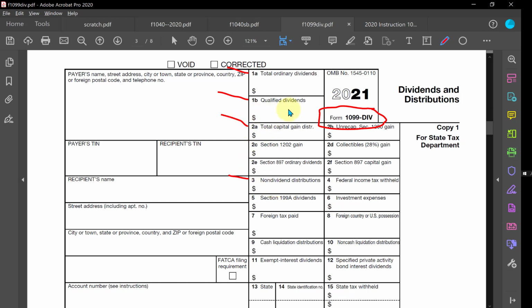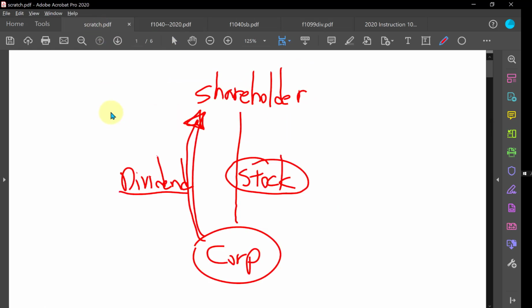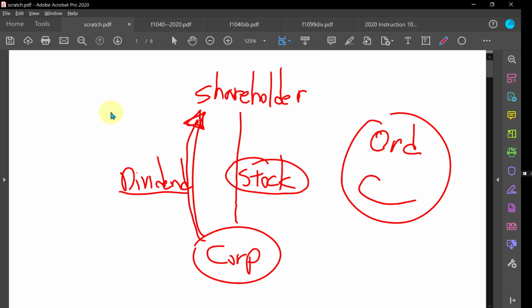Now, all of these qualified dividends are already included in this first box, the ordinary dividends. Let's see if I can diagram that out here. So let's say that this whole circle represents ordinary dividends. And then included in the ordinary dividends, as a subset, would be the qualifying dividends.